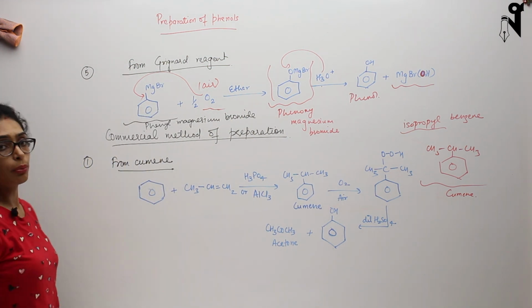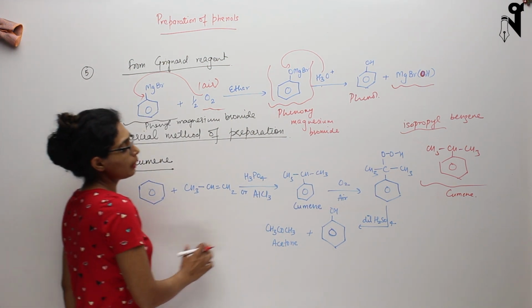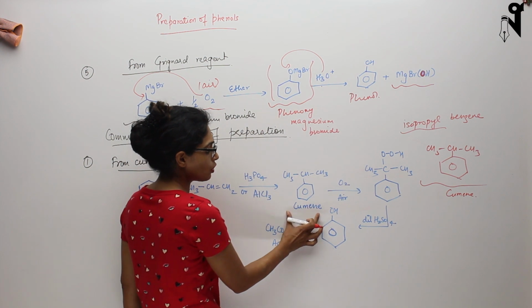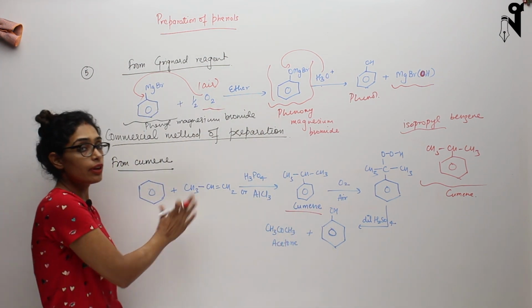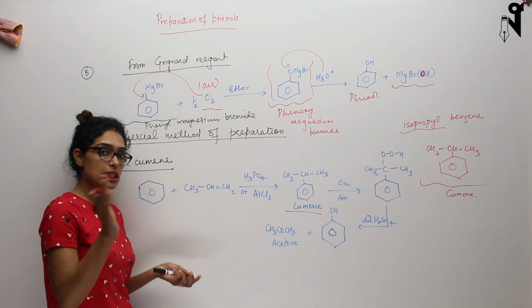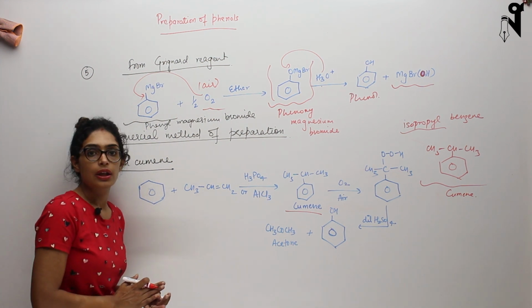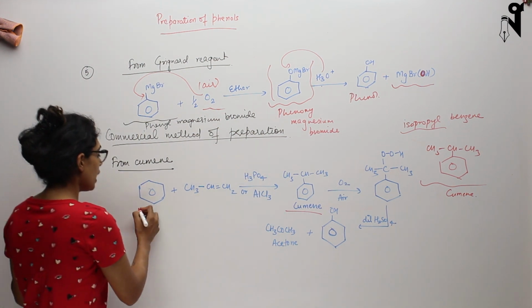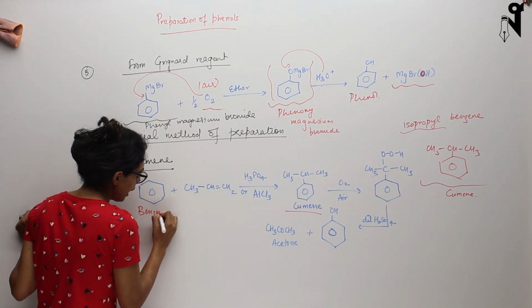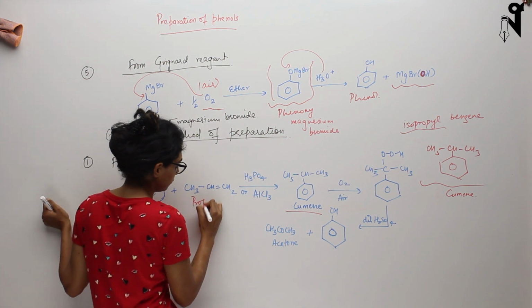Now how to prepare cumene first? Though we can get a reaction from this part, that is once the cumene is formed, they may also give you the reaction where cumene has not been formed yet. They give you the starting compounds to form cumene and then do the reaction further. So we have a benzene and we have a propene.